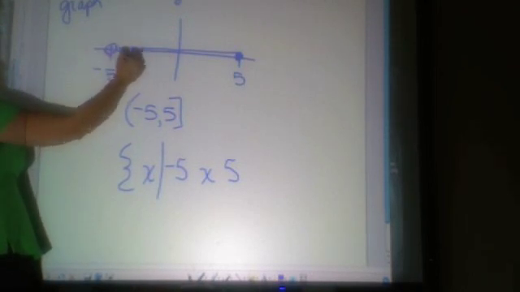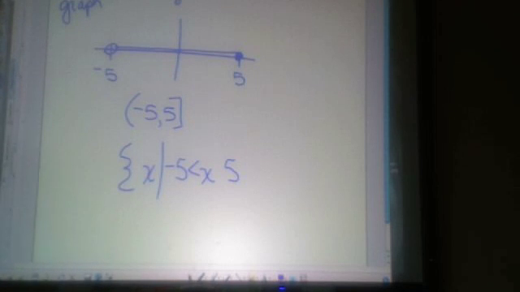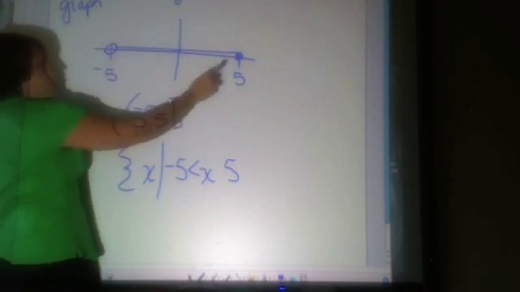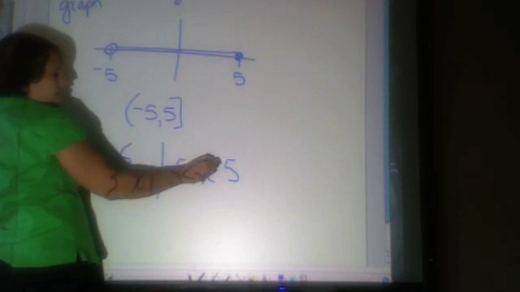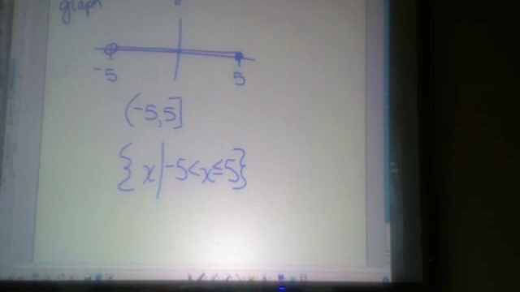My variable is bigger than -5, right? So my variable is bigger than -5, but it does not equal it. My variable, or my solutions, are smaller than +5 and equal to +5. That would be set builder notation.